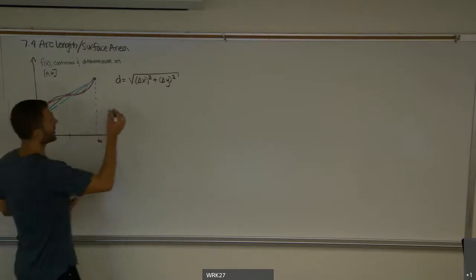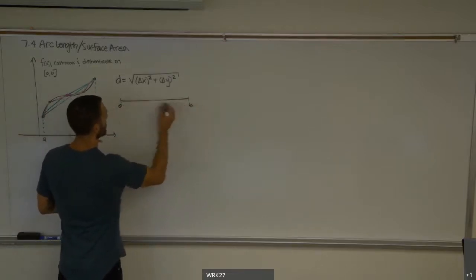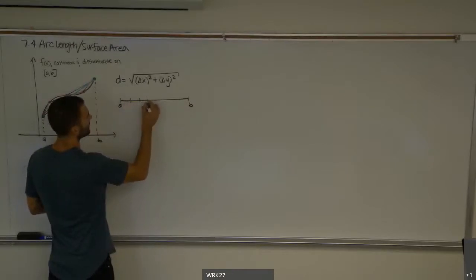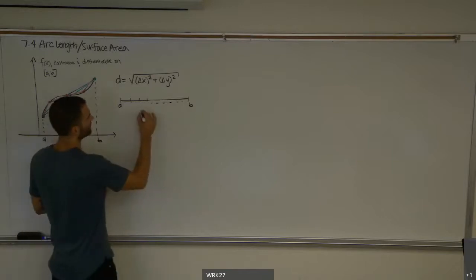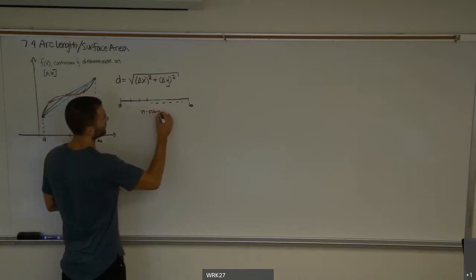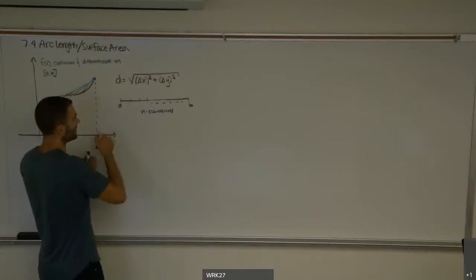And so let's take our interval AB and subdivide it into n subintervals. And what is the length of each one of these subintervals? We'll call them delta x, whatever it happens to be.